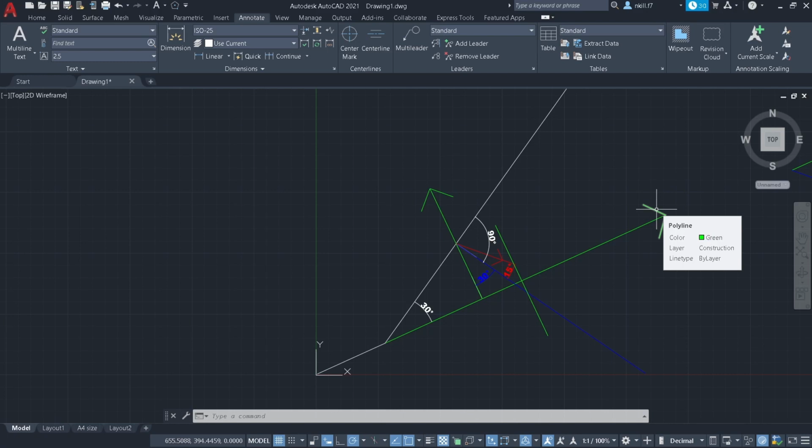Of course, you can classify on your own which line you want to use as your axis, so that the computation of your force respects this axis. So this is my Y and X axis.